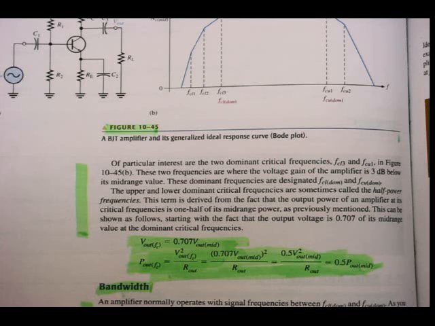Alright, the upper and lower dominant critical frequencies are sometimes called the half-power frequencies. This term is derived from the fact that the output power of an amplifier at its critical frequencies is 1/2 of its mid-range power, as previously mentioned.